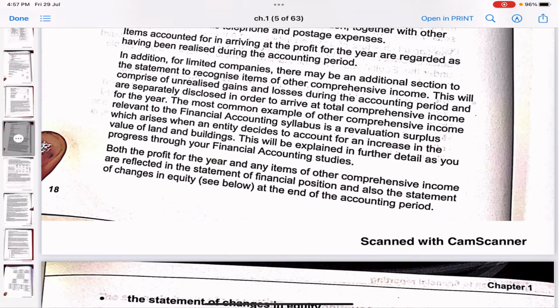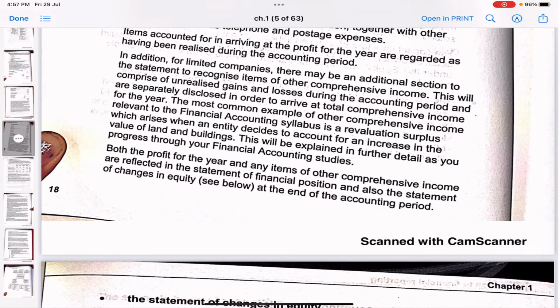Items accounted for in arriving at the profit for the year are regarded as having been realized during the accounting period. In addition, for limited companies, there may be an additional section to the statement to recognize items of other comprehensive income. So there might be other ways in which you are earning income, and that is what is shown in other comprehensive income.